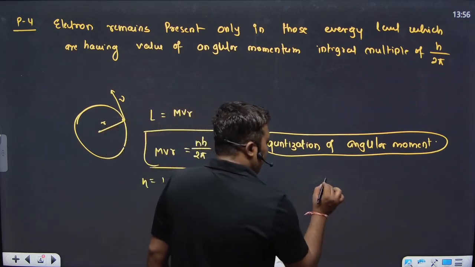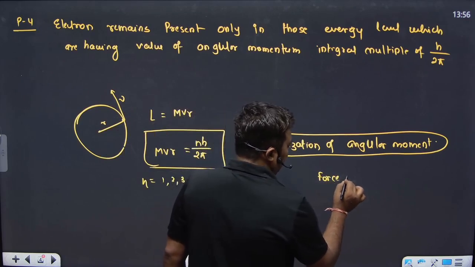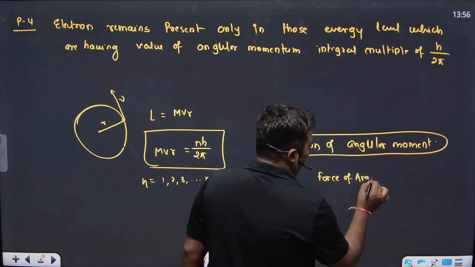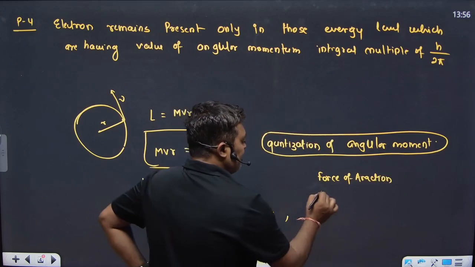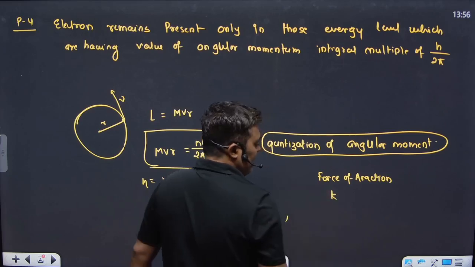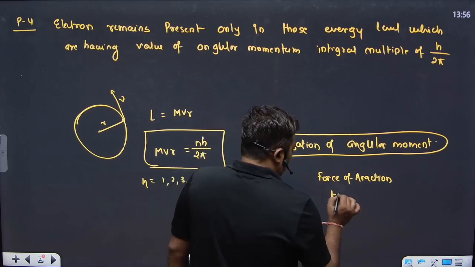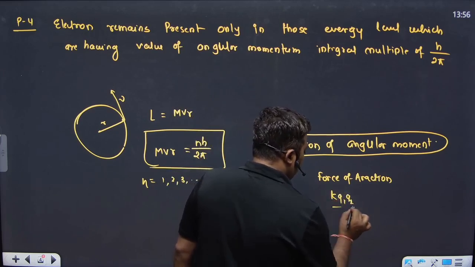And the last thing about Bohr's atomic model is that there are two types of force. First one is the force of attraction, that is between the electron and the nucleus, and it can be calculated simply by Coulomb's law, K Q1 Q2 by R square.